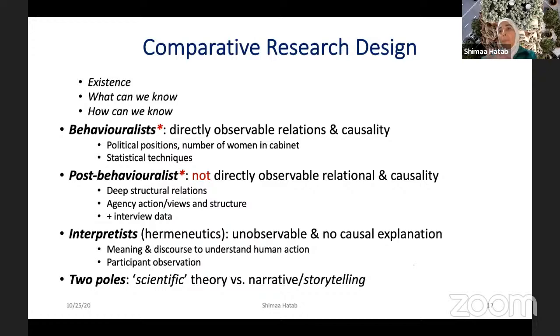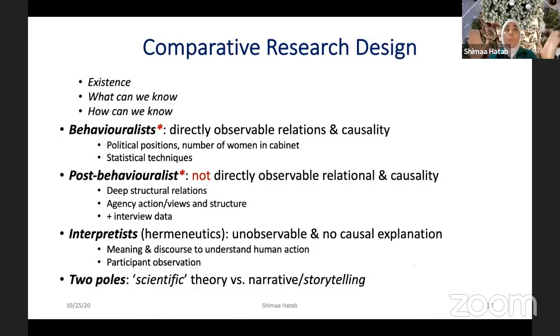And these are empirical theories, where the main target is to examine the causality between X and Y and to understand the mechanisms. If you remember X and Y, A, B, and C, the causality chain we need to understand from the last lecture. So behavioralists and post-behavioralists do believe in this causality.